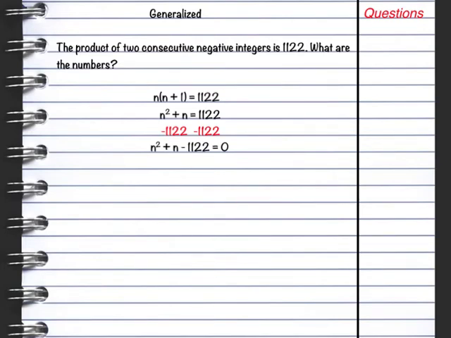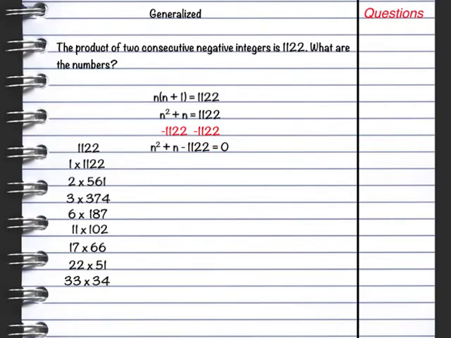Now once again, you can solve this a couple of different ways. I'm going to go ahead and try factoring. Since I don't have an A value, I'm going to go ahead and see if I have any factors and make this really quick about it. And so I set up all the factors of 1122, and I try to find two factors that when one's positive and the other's negative, they're one apart.